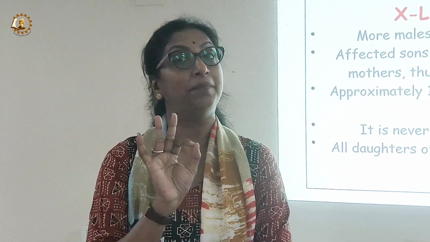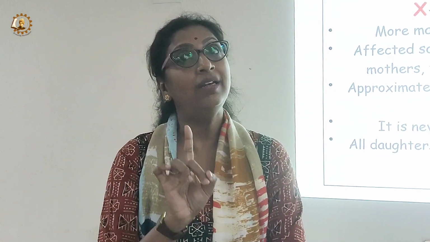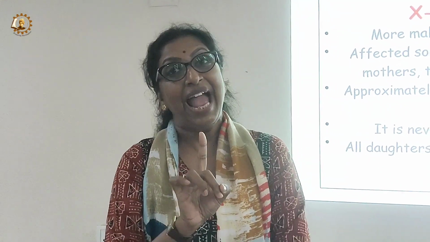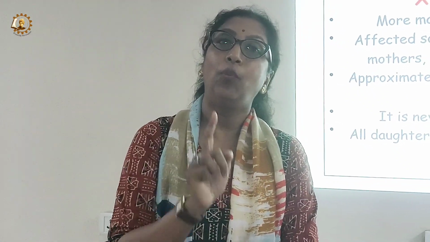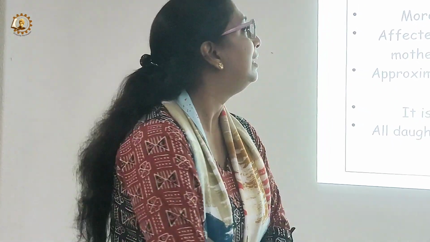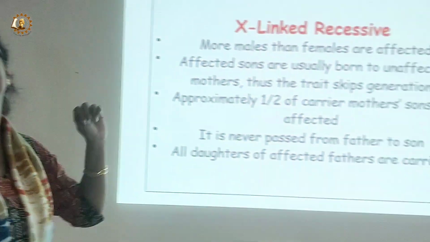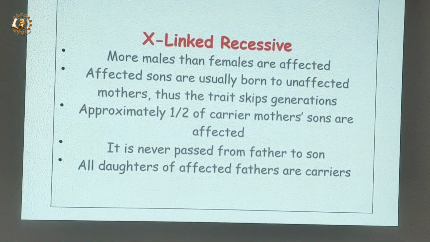But the carrier mother is carrying one mutant or affected allele. And their children, mainly their male child, when he receives that particular X from his mother, he will be the affected one. Okay, so that is the reason more males are affected than females in this particular case.